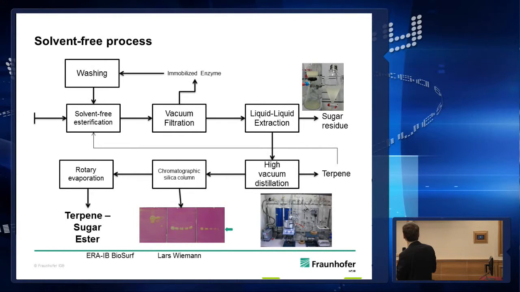The sugar will be taken off here. The terpene then can be distilled off and reused for additional reactions together with the sugar. And after chromatographic purification and rotary evaporation, you have the pure terpene sugar ester, and that is possible in the gram amounts. And these compounds were also tested, which I'll show you later.